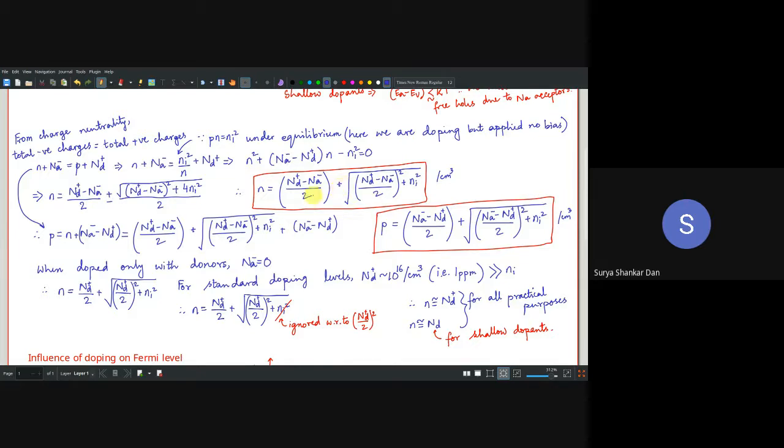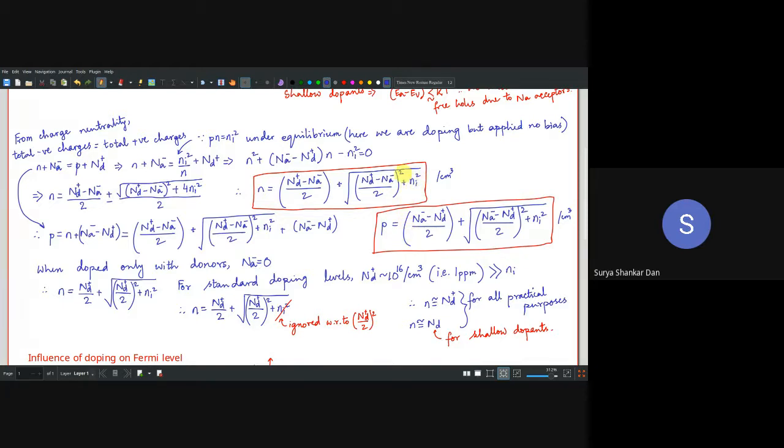From there, I have simply used this relation and obtained this expression for P. That part is clear. So what we have understood is that once we have doped the material, we are always going to end up with more electrons and holes than the value of ni.